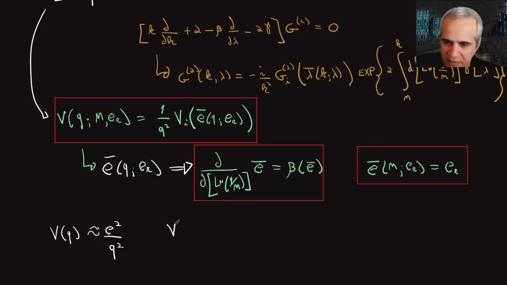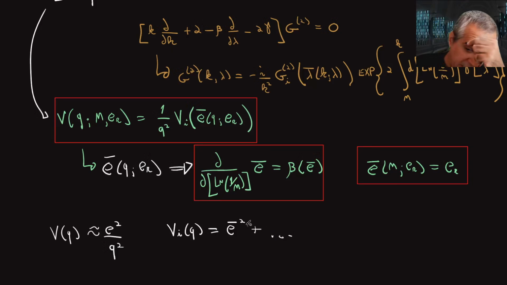And again, I will get that V of Q is just e bar squared over Q squared, plus some correction of higher orders in the charge. So essentially, if I find the behavior of e bar, I know how the potential behaves, at least in the neighborhood of this point M. And so the really interesting part here is really solving this equation.